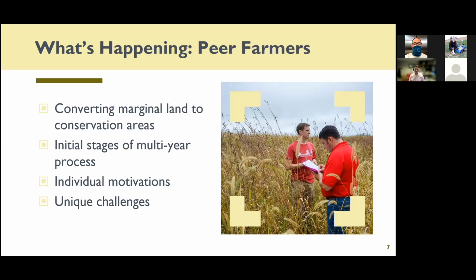It allows us to think about some of the individual motivations or unique challenges that some of these areas and farmers may have. And so I think there's a lot of benefit to acknowledging that we're not necessarily thinking 100% from the row crop perspective, but we are thinking much more holistically across the entire landscape.